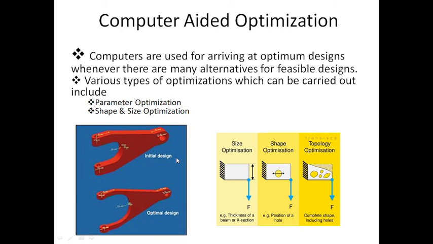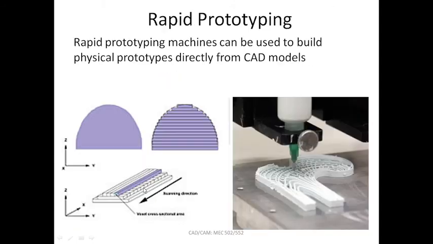Whenever you are doing this kind of optimization, you can always provide certain constraints. For example, your constraint may be that the hole diameter should not change, or this diameter should remain the same, because these are going to be fit with some other part which has already been finalized. Or the distance between this and this end of this fork should not change. In this case it is changing, but you can always provide these kinds of conditions.